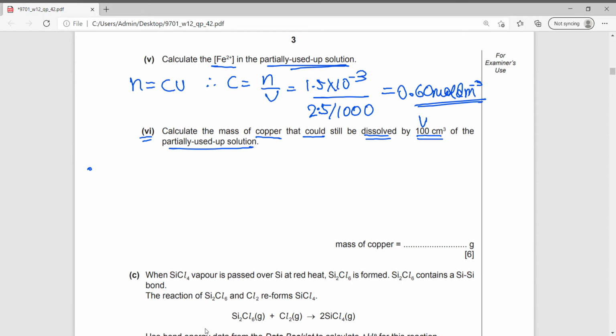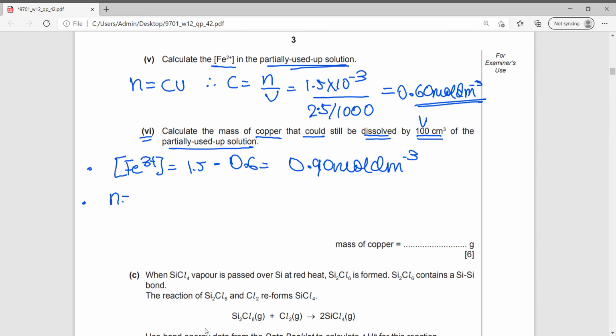Okay, so the new concentration of Fe3+ would be, I'm pretty sure most of you would have guessed it, 1.5 minus 0.6. So this is the new concentration, whatever is left in the partially used up solution, right? And then you use that to calculate the moles of iron 3+ in the solution that can still dissolve copper.